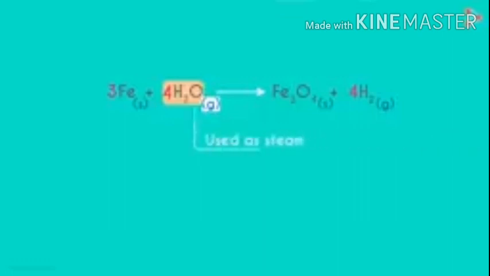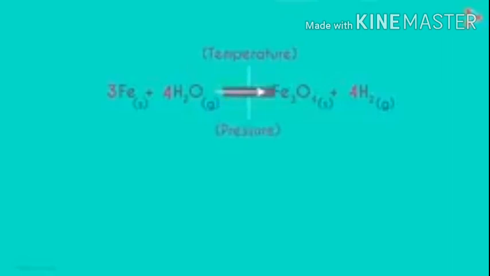The word aqueous, aq, is written if the reactant or product is present as a solution in water. Note that the symbol g is used with H2O to indicate that in this reaction water is used in the form of steam.